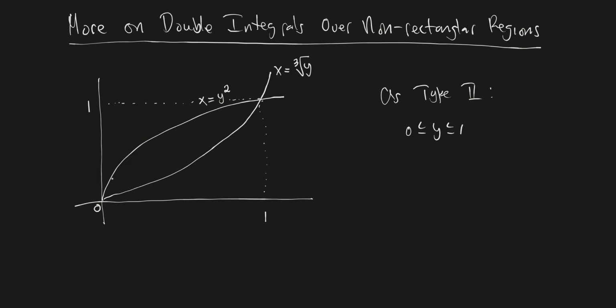Our x starts from this curve right here. In fact, let me make this colored right here. And then it stops right there. So depending on which y I pick, notice how long or how short that little line segment is going to be. So if I pick a y close to 0, then that's the line segment. If I pick a y, let's say roughly approximately a half, then look how long that is.